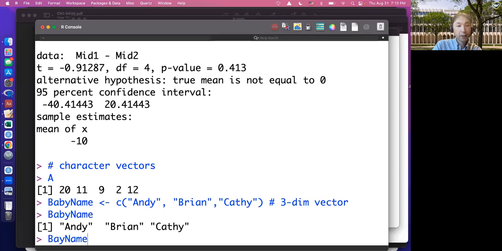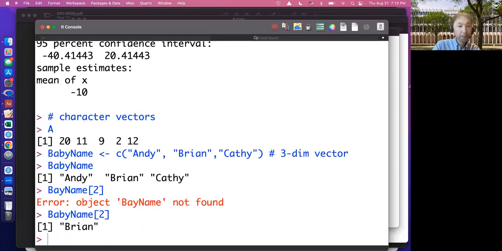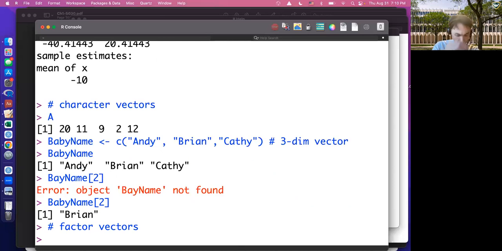You can access an element this way. I think this is fine, probably not difficult, but the next slide is a little bit complicated. Factor vectors: sometimes we have vectors such as male, female.